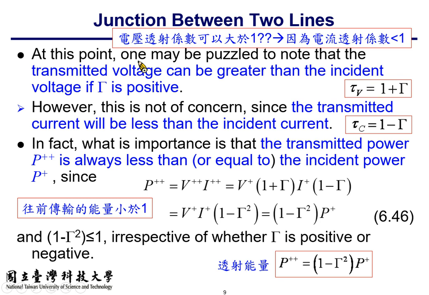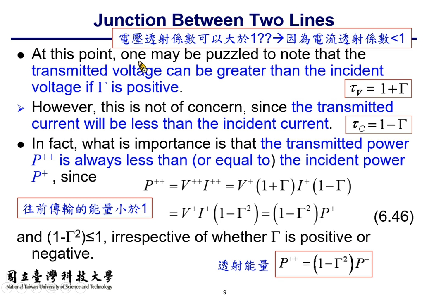In what situation will you deliver all of the incident power? Only when gamma equals 0, which means no reflection, which means you have achieved the condition of impedance matching.